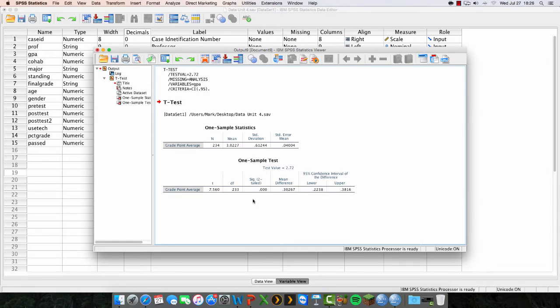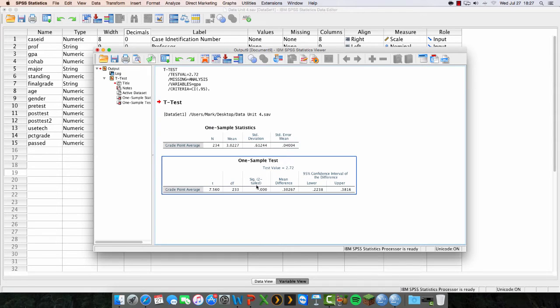Now, in writing about these results, you need 4 pieces of information, right? The mean, the value of the t-statistic, the degrees of freedom, and the alpha level, the p-value, so you know if it meets or exceeds or falls short of the alpha level.